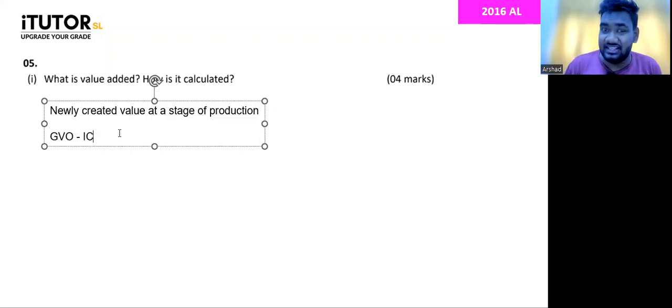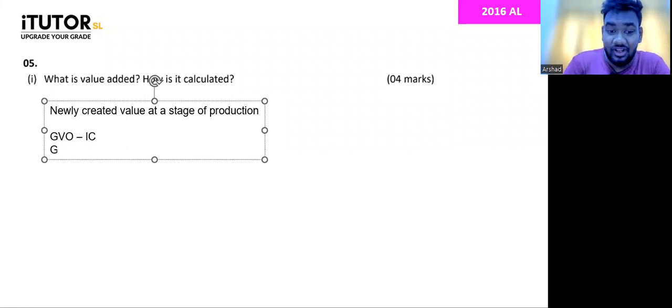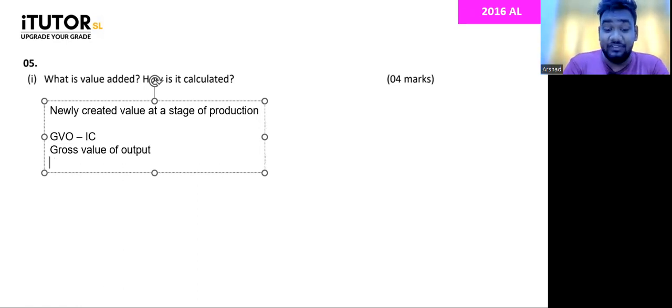GVO is gross value of output. If from the gross value of output you deduct intermediate consumption, you end up with gross value added.